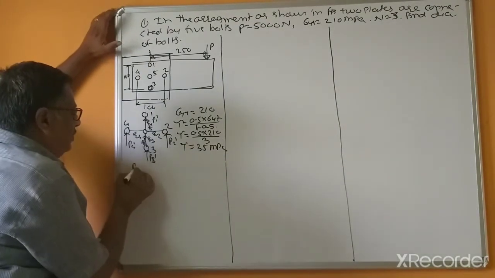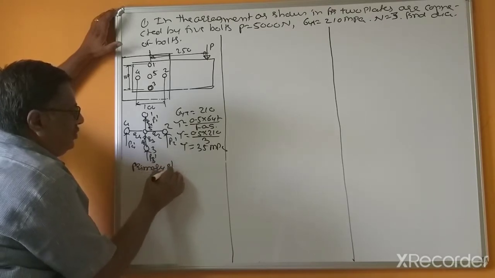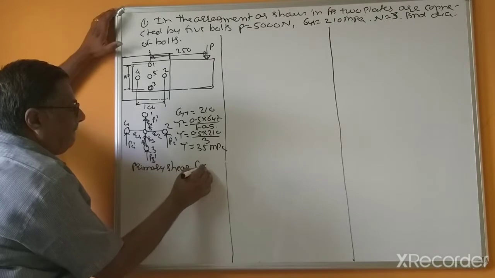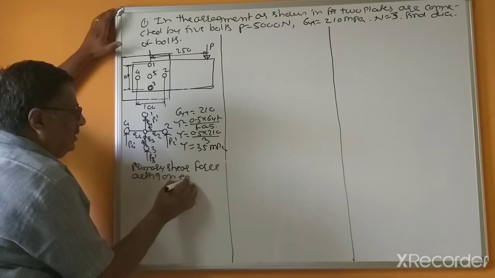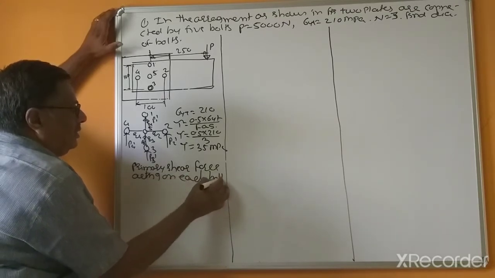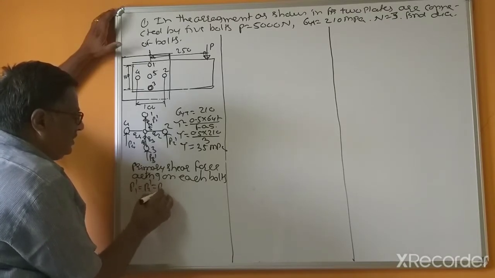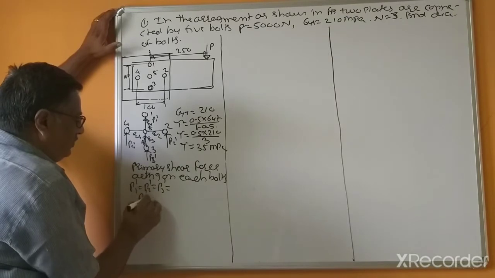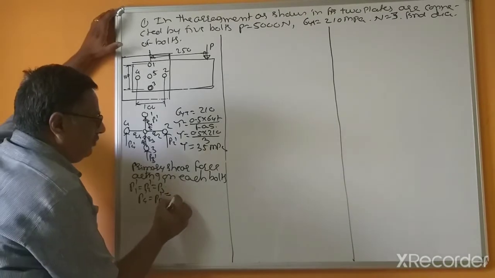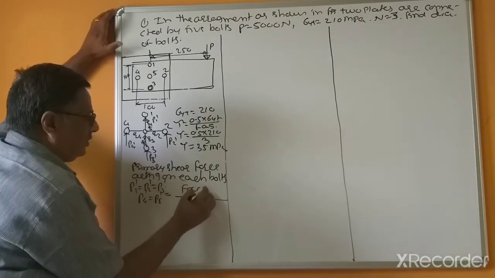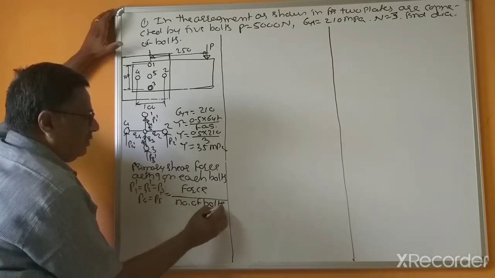So that's why the primary shear force acting on each bolt, that is equal to P1 single dash, P2 single dash, P3 single dash, P4 single dash, P5 single dash equal to total force divided by number of bolts.